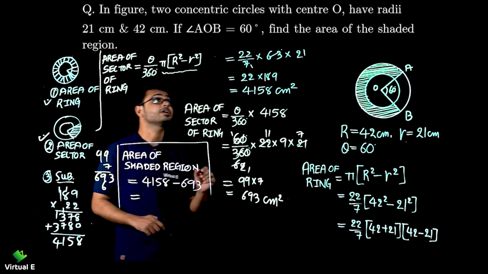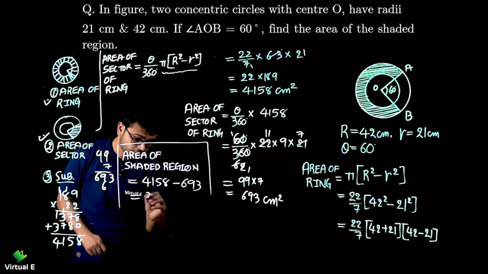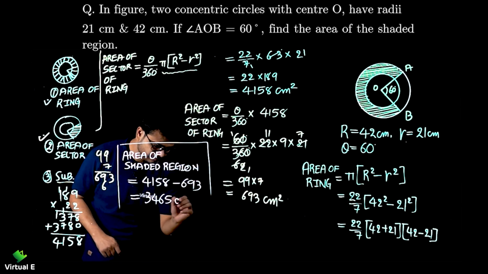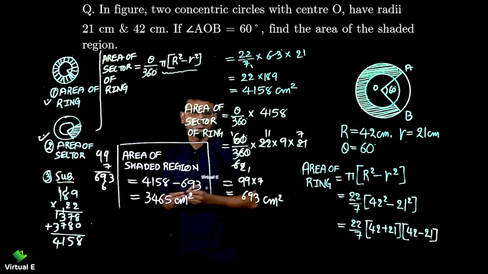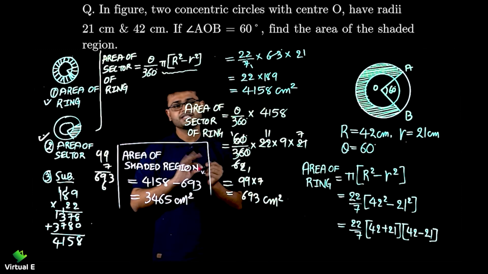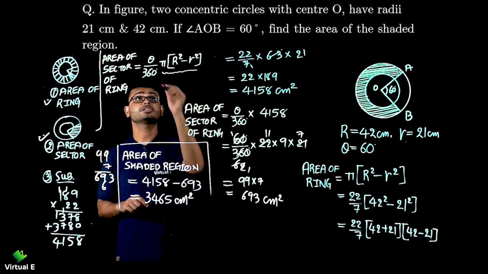So you do the subtraction and you are going to get 3465 centimeters square, right?